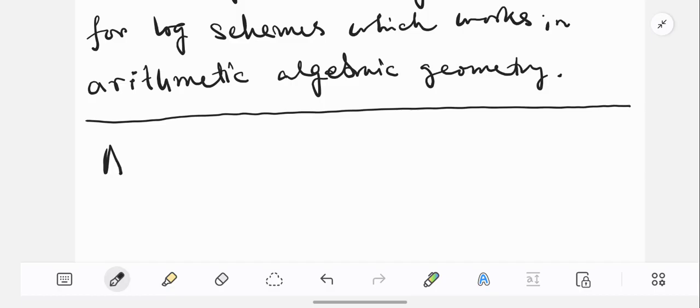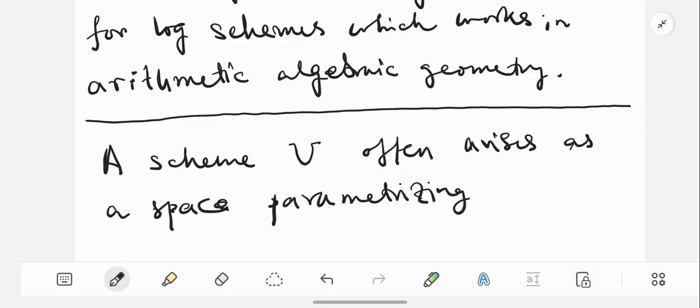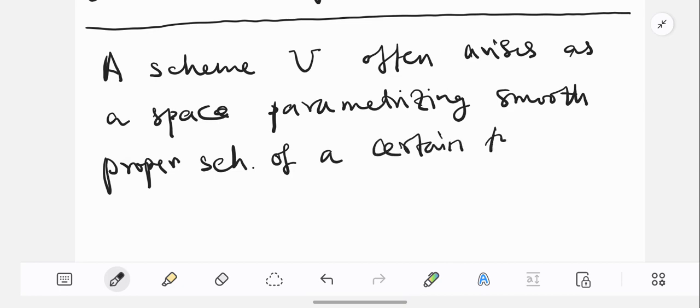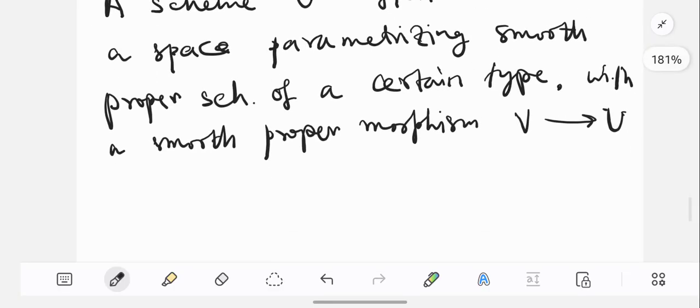If we take a scheme U, this often arises as a space parameterizing smooth proper schemes of a certain type, and there exists a smooth proper morphism V to U whose fibers are the objects which we want to classify.